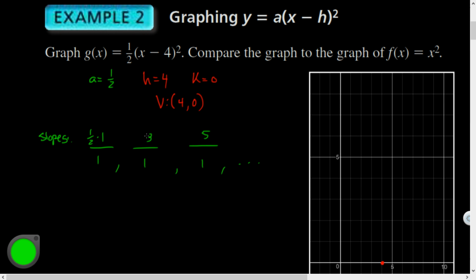So a half times 1, and a half times 3, and a half times 5. These semi-simplify, so I'm just going to simplify the numerators. It's going to be going up a half over 1, up 3 halves over 1, and up 5 halves over 1 when I multiply the numerator by the 1, the 3, and the 5.